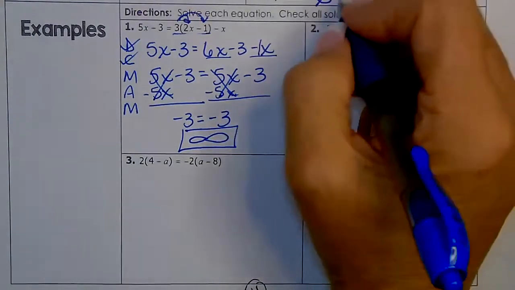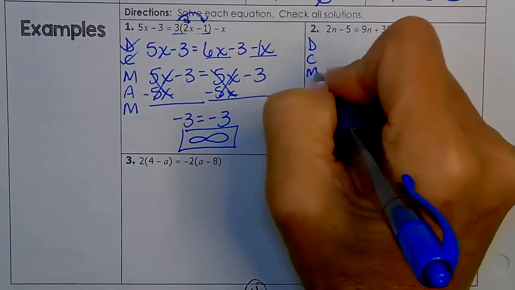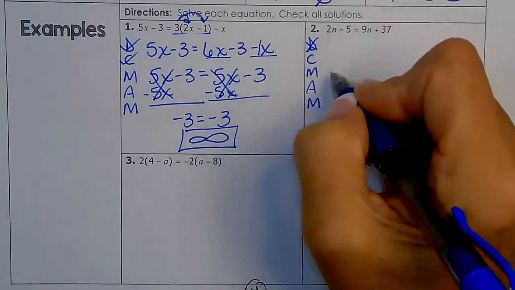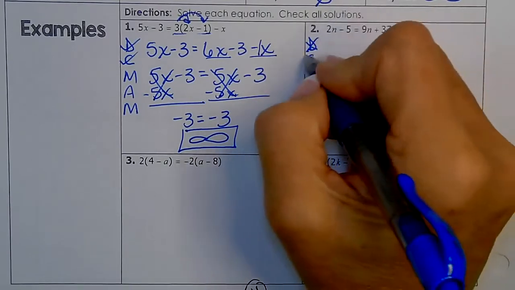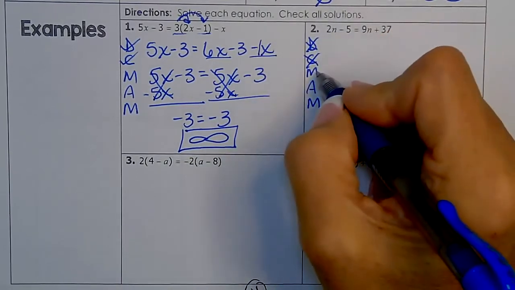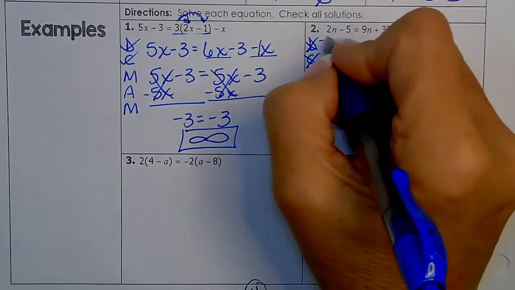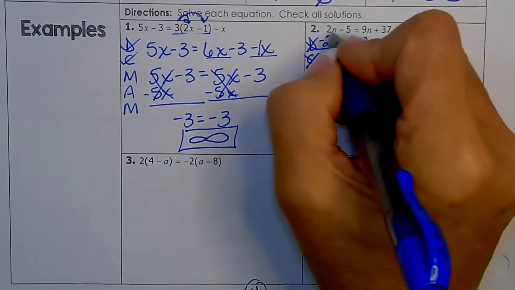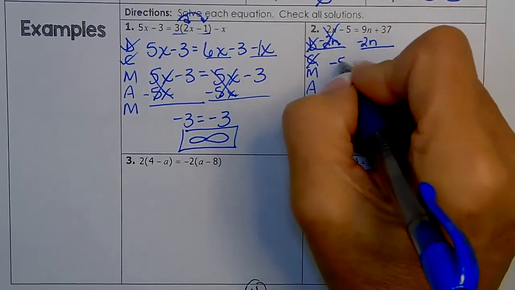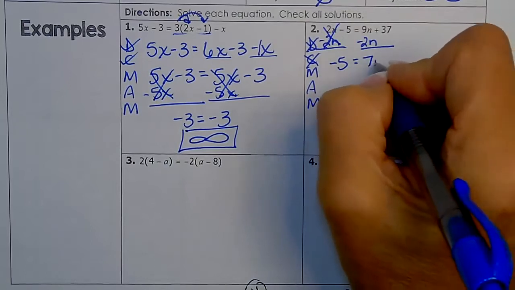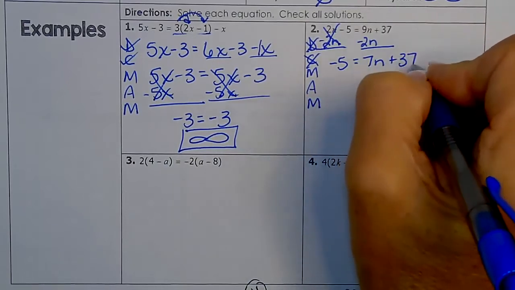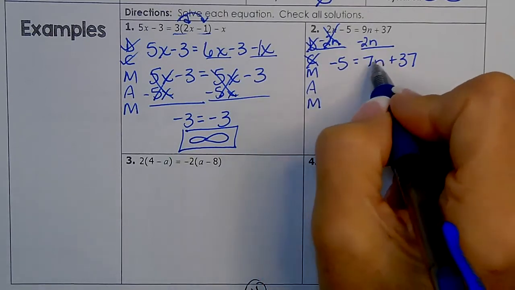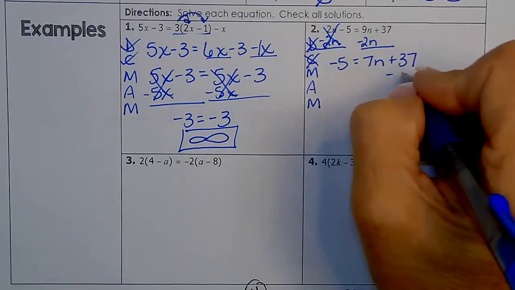Number 2. Okay, I do not need to distribute. I do not need to combine like terms. I do need to move the variable, so I'm going to move -2n. -5 equals 7n plus 37. Okay, now I have n on this side. I need to move the constant to the other.